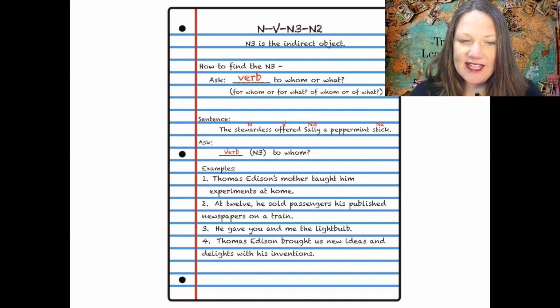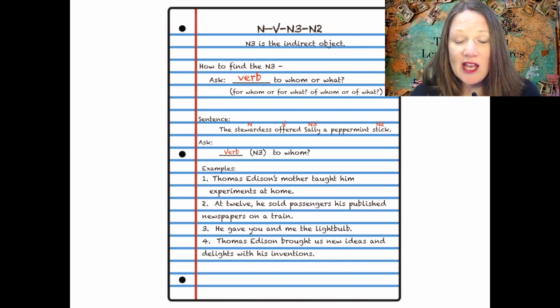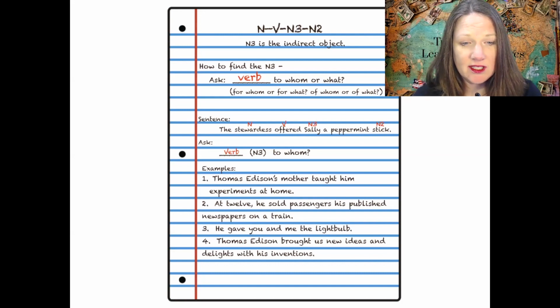Here are some examples. Pause as you write these sentences down. I will read through them, but if you need to pause, then pause. I'm assuming you will. Number 1. Thomas Edison's mother taught him experiments at home. Number 2, at 12, he sold passengers his published newspapers on a train.